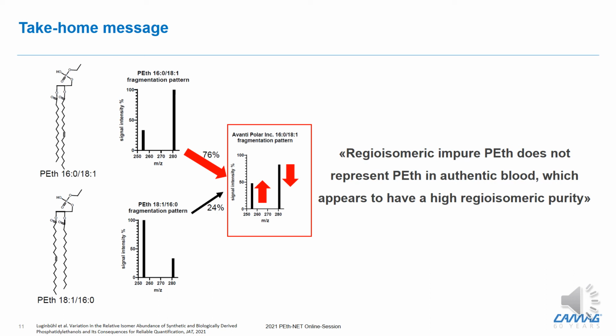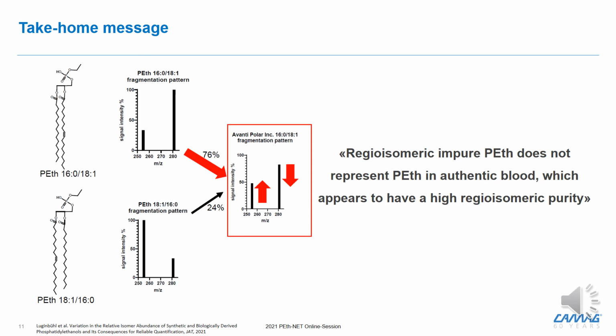This means that for the 255 fragment, we have a signal intensity increase, whereas for the 281 fragment, we have a signal intensity decrease. If you use the signal 255 for your calibration and then reference your authentic samples based on these signals, you get a concentration within your samples which is underestimated.